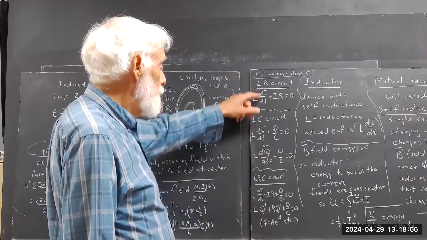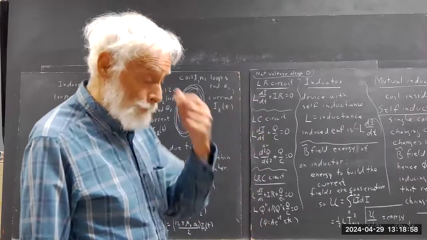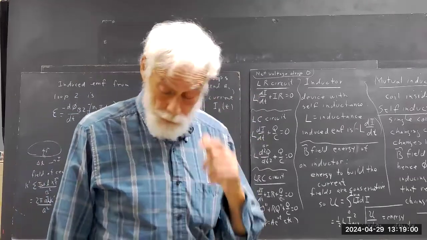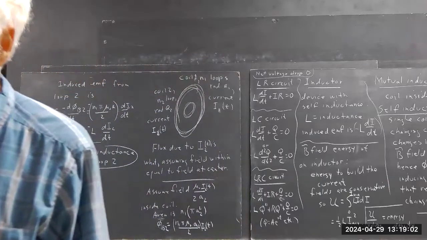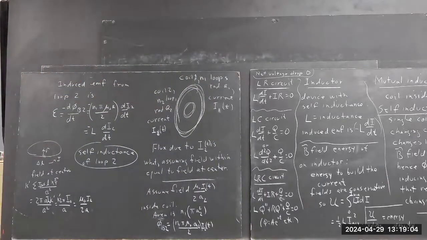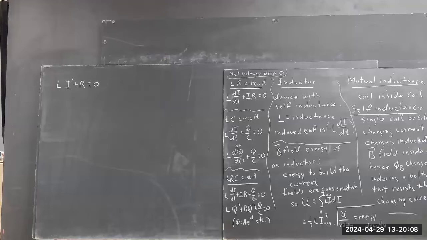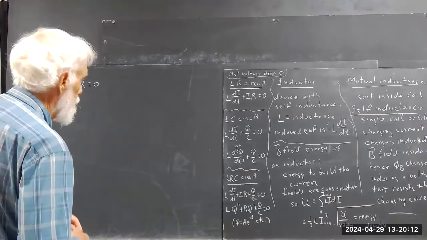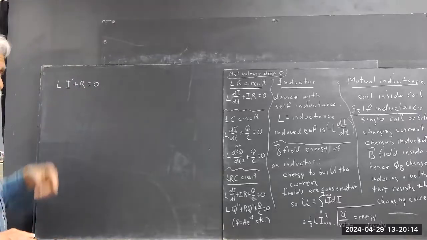And that brings us to these equations, which you ought to be real well equipped to understand. So let's move on to that. Let me get some board space. Okay, here's the equation for an LR circuit with no voltage source.